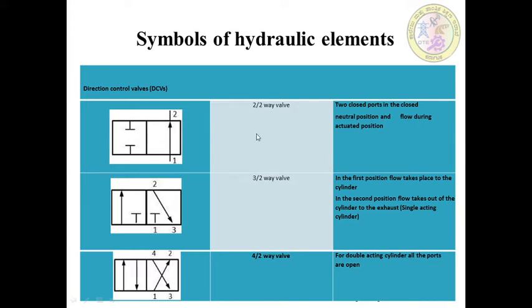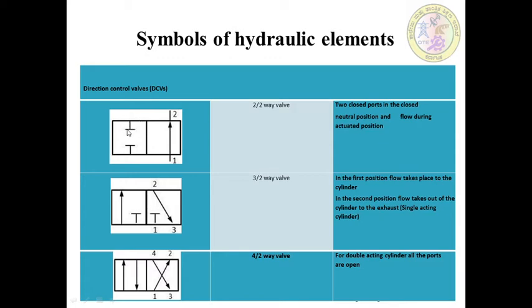A two-way valve has different positions: two closed ports in the closed neutral position and the flow during actuation.